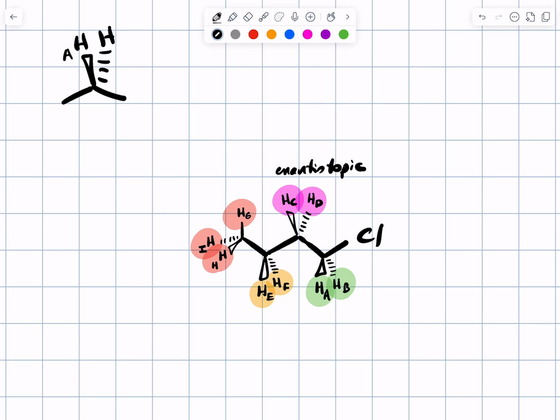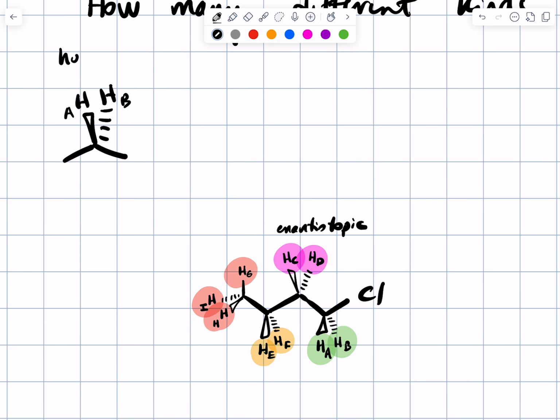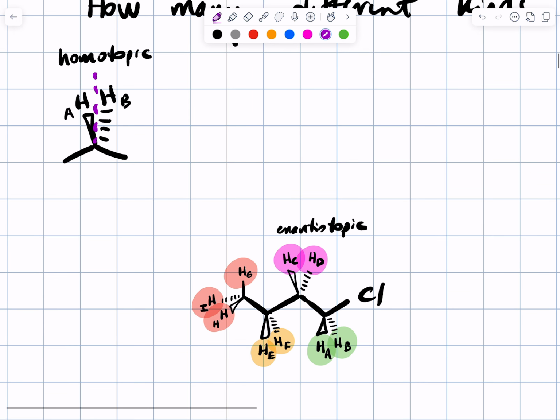These two, HA and HB, are homotopic because if we draw in purple an axis that goes through this central carbon and is in the plane of the page, we call it a C2 or 180-degree axis of symmetry, it interchanges A and B but leaves the rest of the molecule unchanged because the methyl group on the left is identical to the methyl group on the right. HA and HB are homotopic.